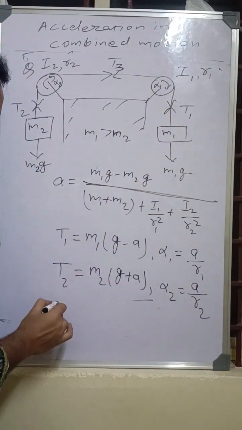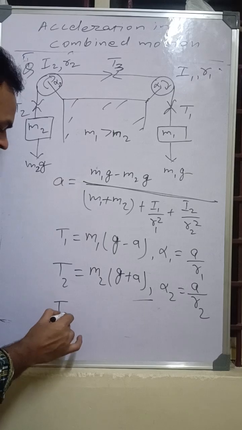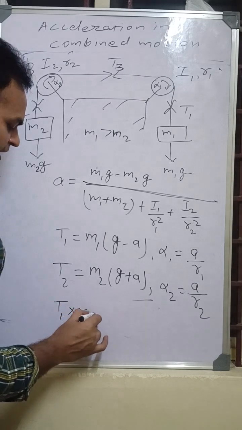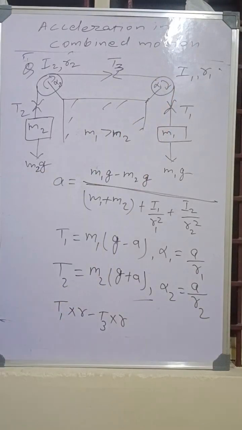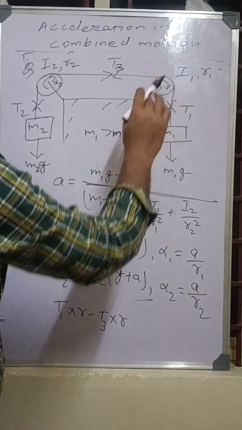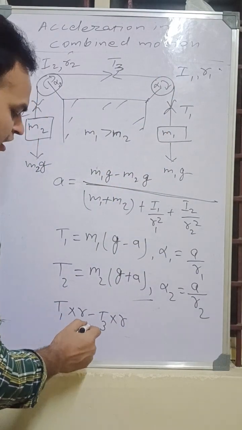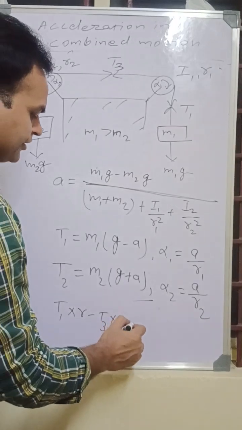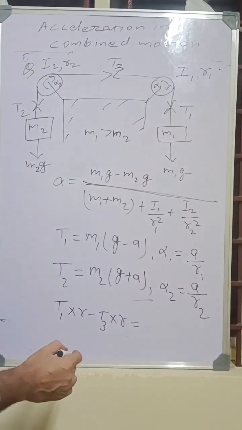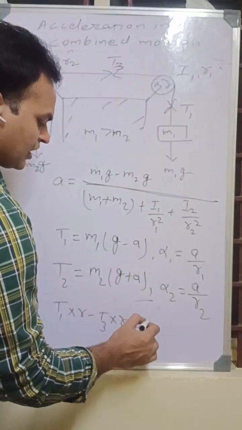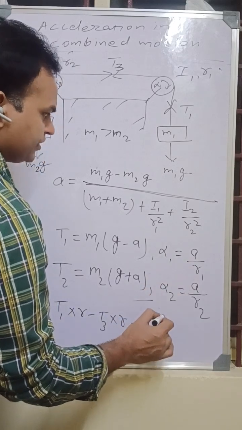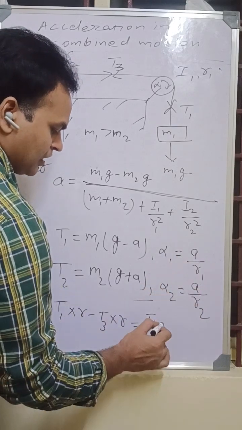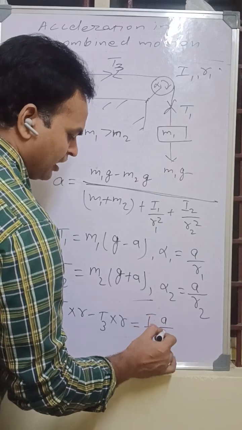How can we write T3? T1 into R minus T3 into R will be the net torque on this pulley. So T1 into R minus T3 into R equals net torque, equal to I1 into alpha 1, and alpha equals A by R1.